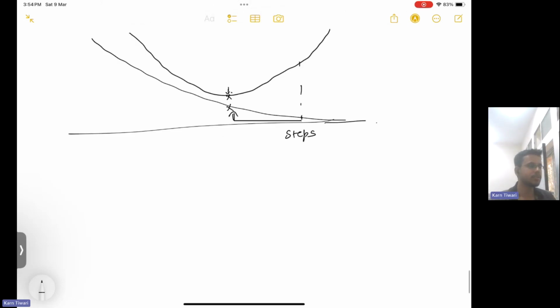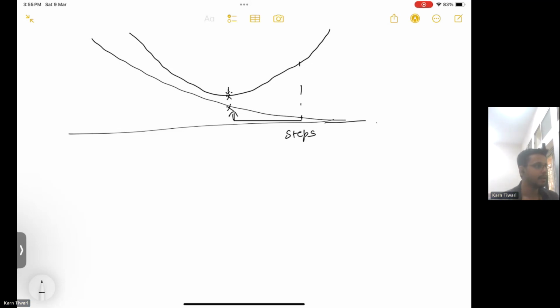So that is what is called early stopping. Okay, you go k steps backward and just take those parameters. And early stopping is also equivalent to regularization. Okay, so if anyone is interested, they can go through it.